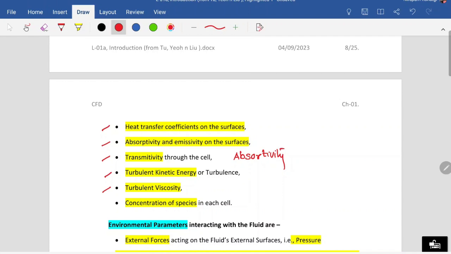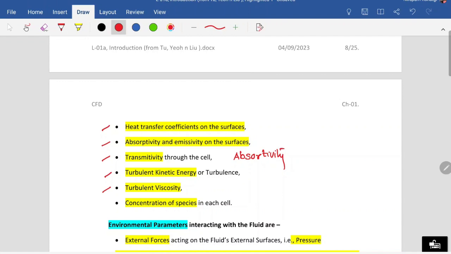Same thing as in laminar flow. In laminar flow also, you have a velocity gradient which over a period of time normalizes, and the change in energy gets converted into heat. Same thing happens in turbulent flow.